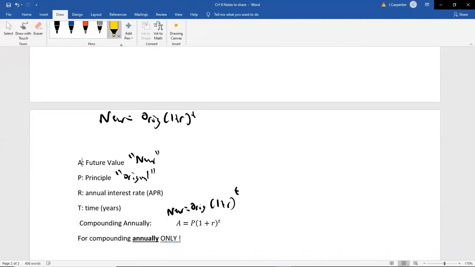And please note that this is for compounding annually only. I would prefer that you memorize this formula. Whether or not I'm going to put it on a formula sheet, which I'm not saying yet. For now, I'm going to say you need to memorize this formula. Maybe I don't make you memorize it, maybe I do.